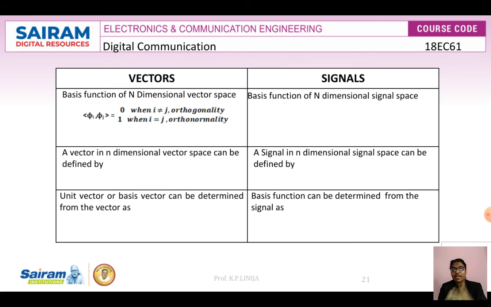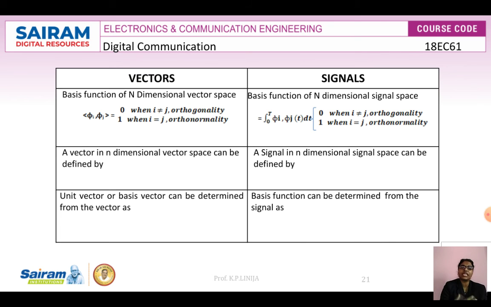And phi i comma phi j is equal to 1 when i is equal to j, that is, vector i is equal to vector j, which we call orthonormality. Coming to the signal space, the integral of phi i of t into phi j of t dt is 0 when i is not equal to j, and 1 when i is equal to j.